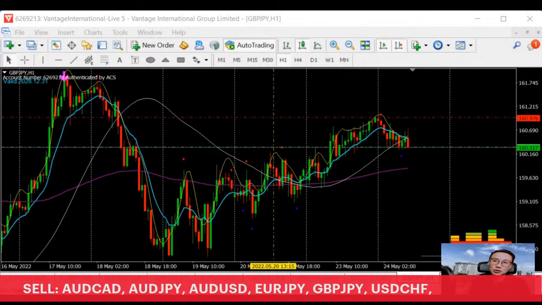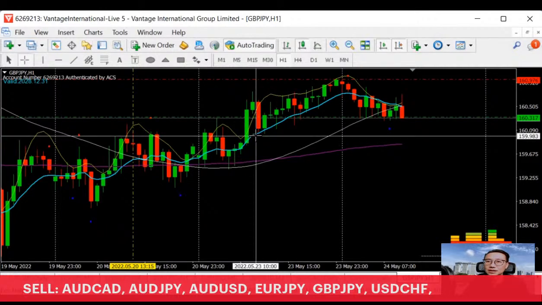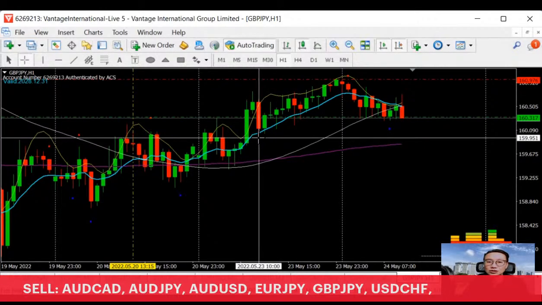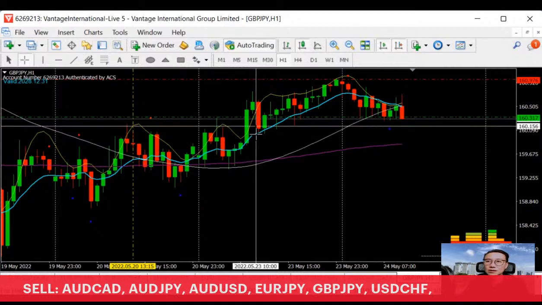The breaking of the support. Some people may have this idea, for example with this red candle over here. Some may say that it's coming down like now.